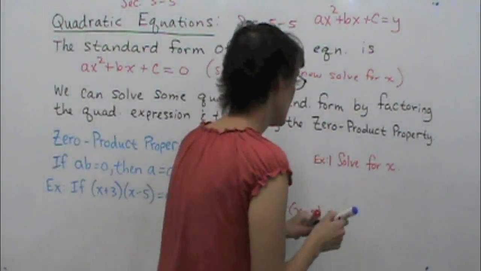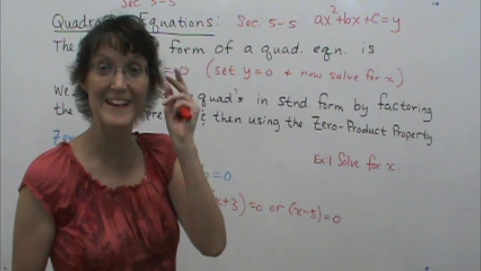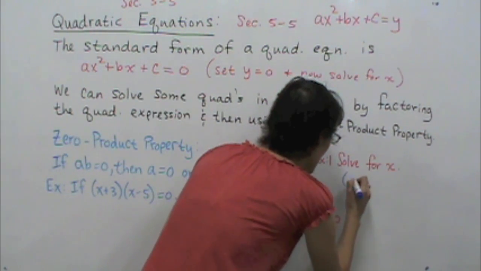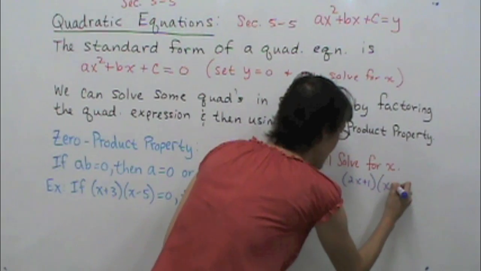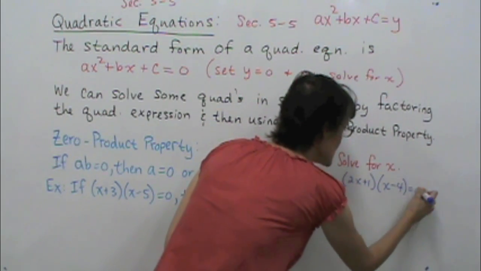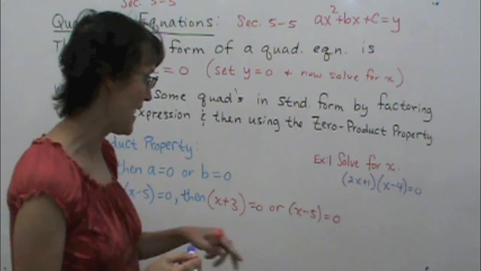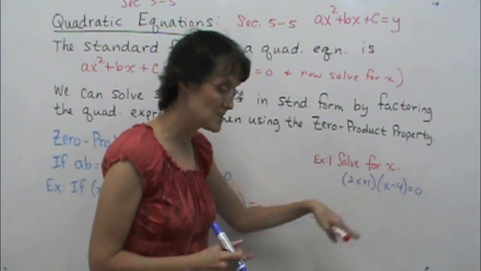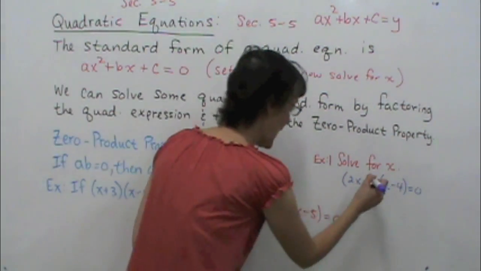Solve for x. Lots of people get stuck when it's in this form, but it's really the easier form. So let's take a look at an example. If I give you the quantity 2x plus 1 times the quantity x minus 4 is equal to 0, and I ask you to solve for x, you're already at the factored stage. It's already factored out for you, so that's very nice. So then I would do this.